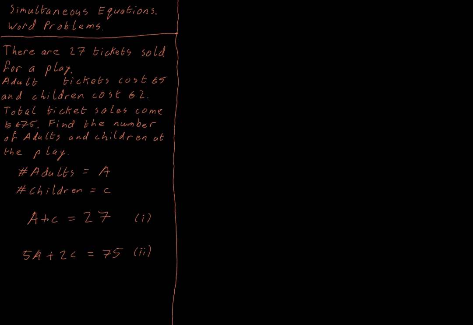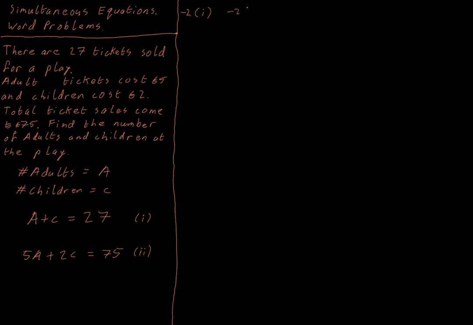So I can see that if I multiplied my first equation by -2, I'd have -2c here and +2c here. Then when I added the equations together, I'd get 0c, and I'd end up with an equation only in A. Same method we usually use for this type of simultaneous equation. So I want -2 times equation 1.